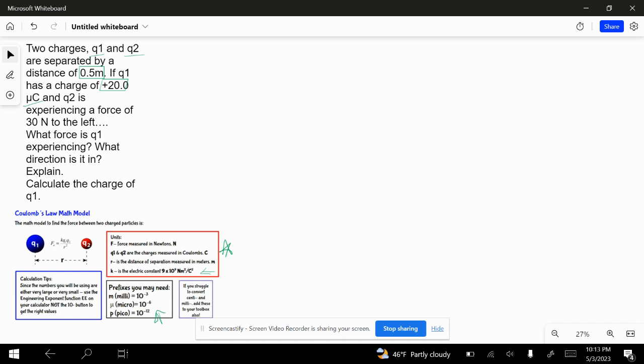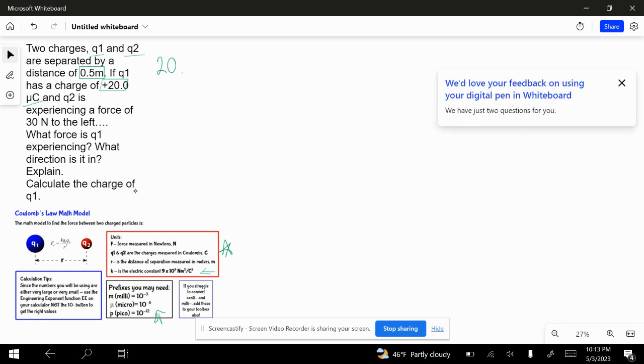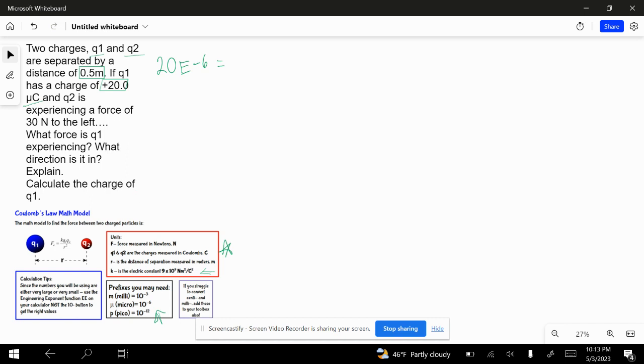We only do calculations in coulombs. So we're going to have to figure out what 20 times 10 to the negative 6th is. I know that's pretty easy here. So we're just going to say, okay, well, there's 20 with the decimal point, and we're going to move that back 6 places. So 1, 2, 3, 4, 5, 6.